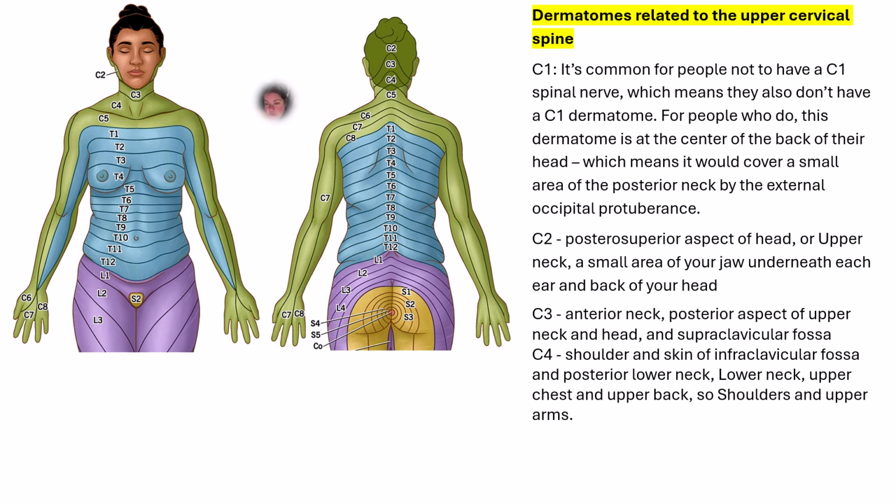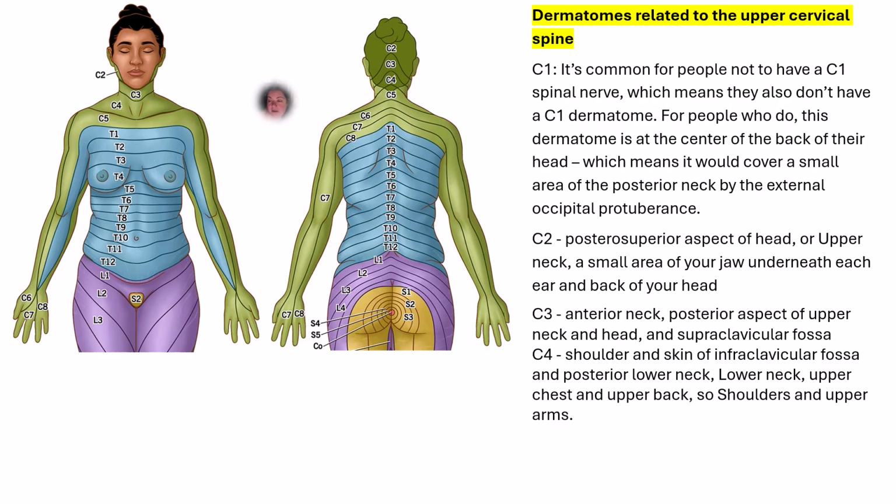Your C2 is the posterior superior aspect of the head. What does that sound like? The back, and the top, or upper neck, a small area of your jaw underneath each ear, and the back of your head. The C3 spinal nerve area goes to the anterior neck, posterior aspect of the upper neck and head, and supraclavicular fossa. All right, we're back into terminology.